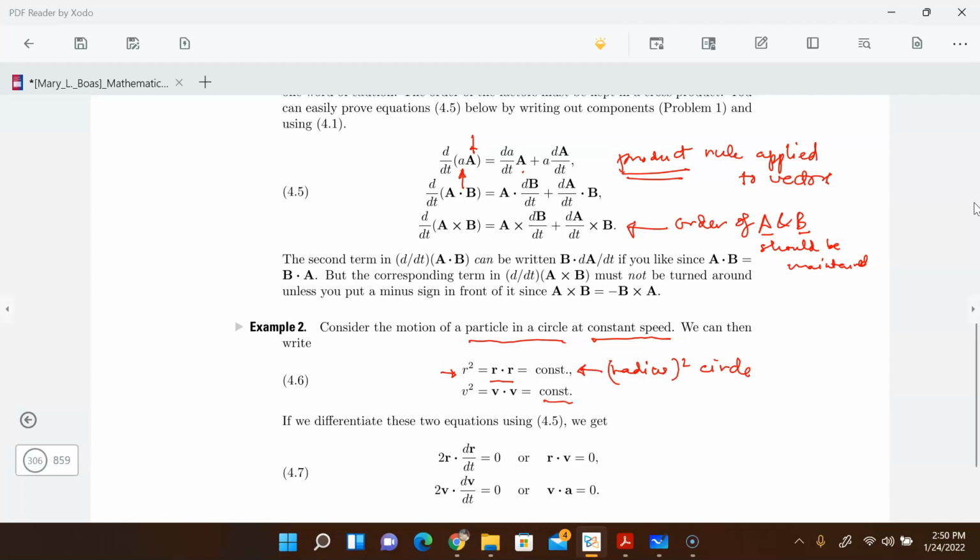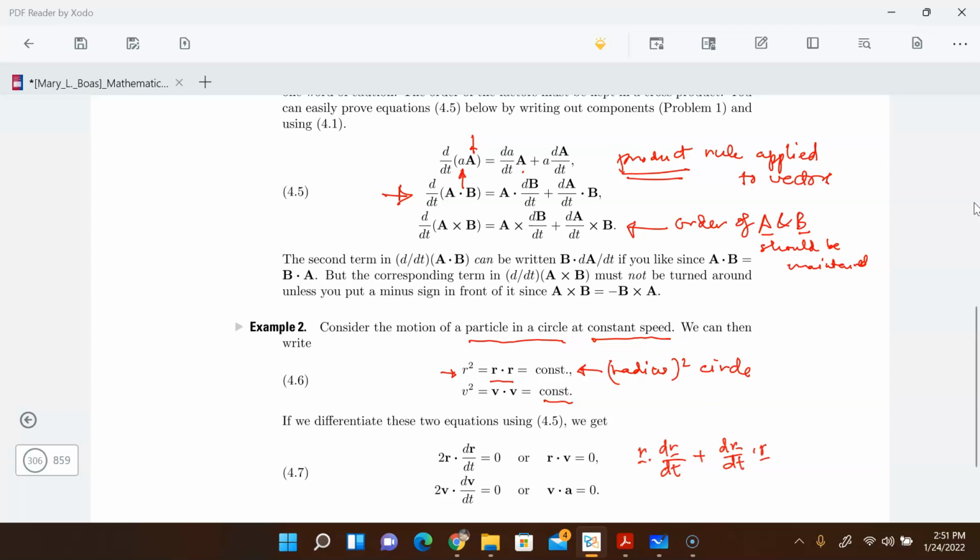So what one can do with these two equations is to take the differentiation of the whole equation. So essentially this is the application of that. You do that, so you find that you get, let's do the steps here, r dot dr/dt plus dr/dt dot r.